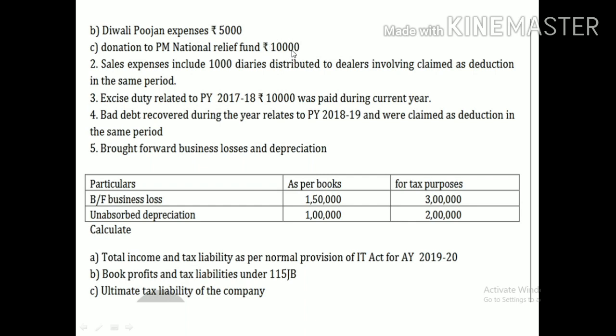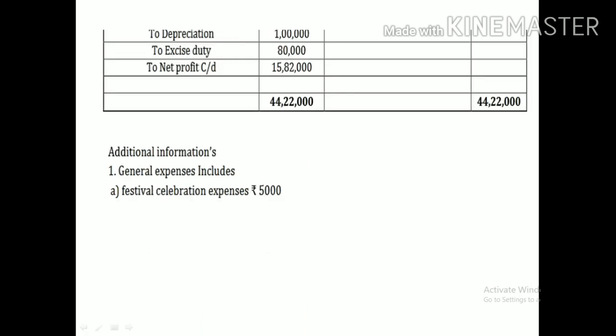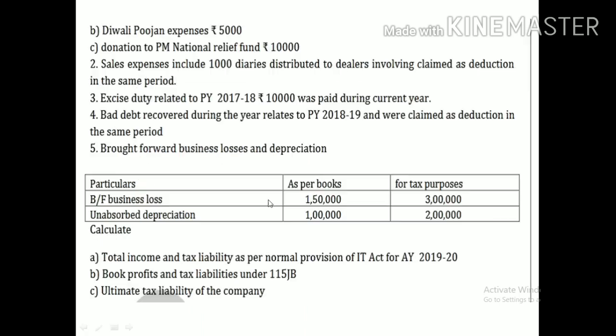So if in the problem you find general expenses, other expenses, miscellaneous expenses, or sundry expenses, just observe the adjustment. If the adjustment is there, analyze it. If it is inadmissible, add back. If it is allowable, just ignore. So we have 3 here: festival celebration expenses, Diwali Puja expenses, and donation to PM National Relief Fund.